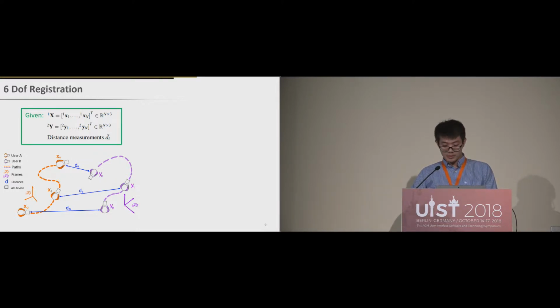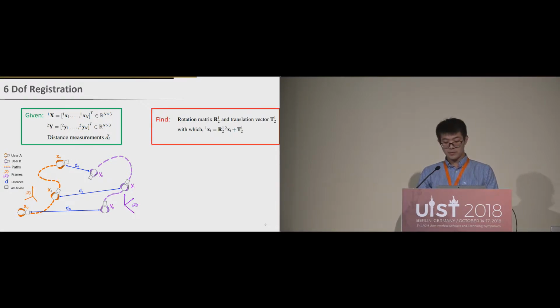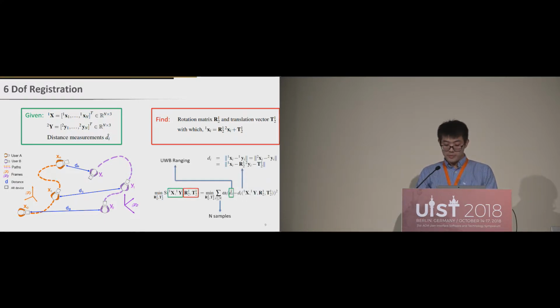Then the problem becomes, given the local positions of X and Y, and also the distance measurements from the UWB measurements, how to find the rigid body transformation between F1 and F2, namely the rotation matrix R and translation vector T. Essentially, we minimize the mismatches between the estimated distances and also the measured distances across all the samples.